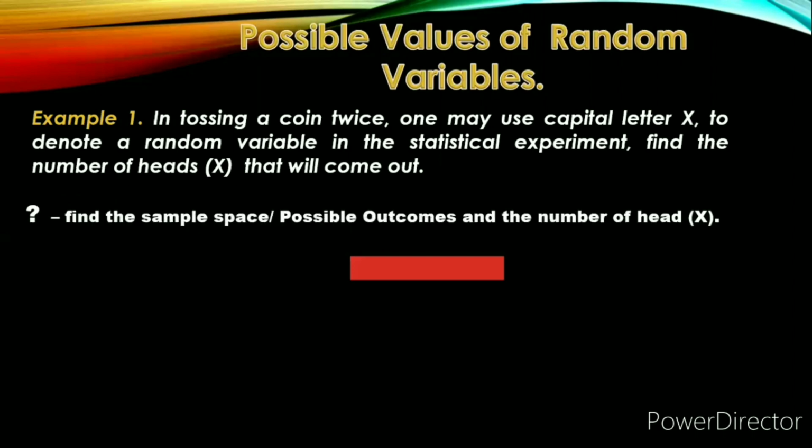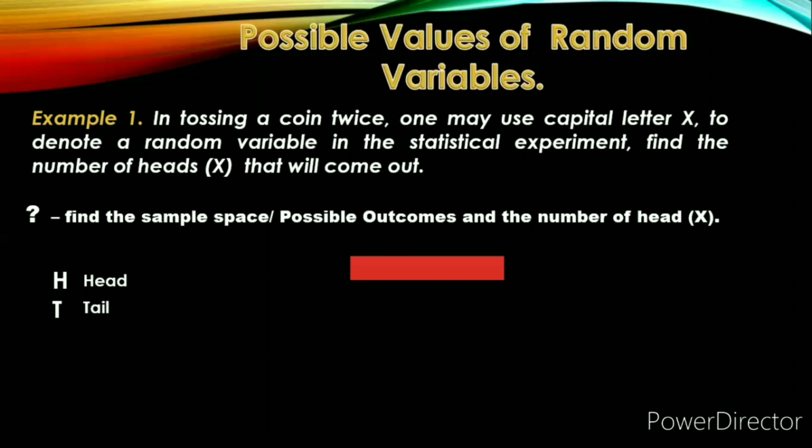First, you need to find the sample space or the possible outcomes, and the number of heads represent X as a random variable. But before we're going to determine the possible outcomes, we need to understand in a coin, we have two faces. The X, or we call this the heads, and also the tail or letter T.